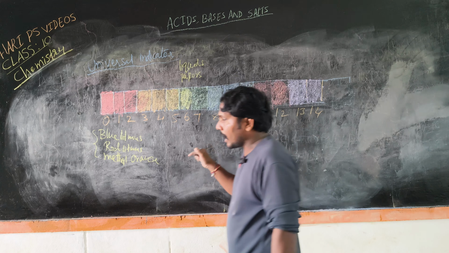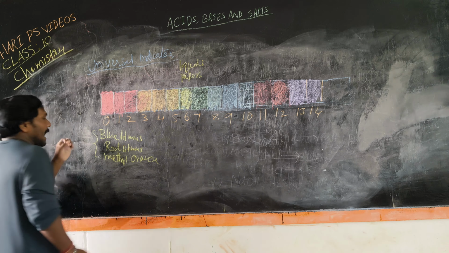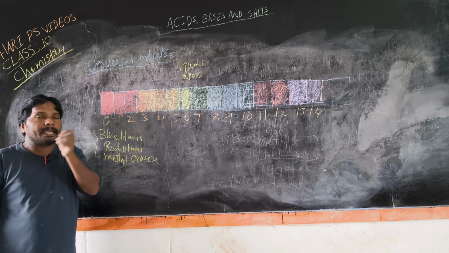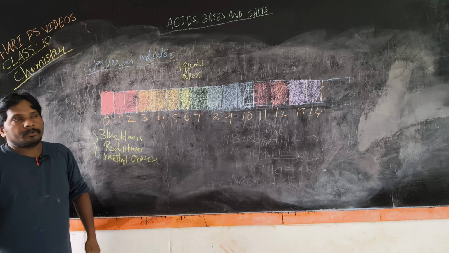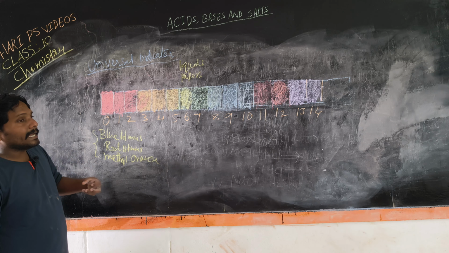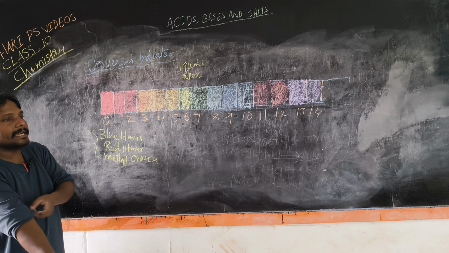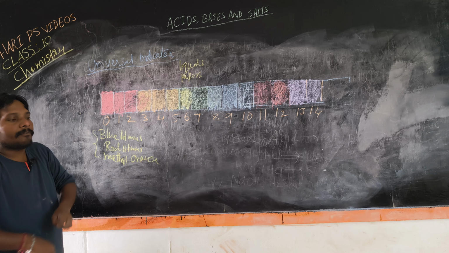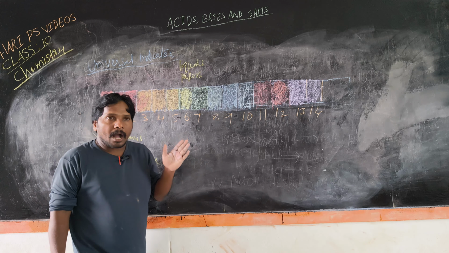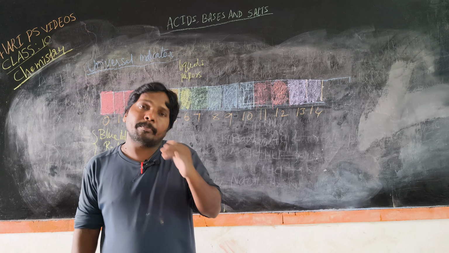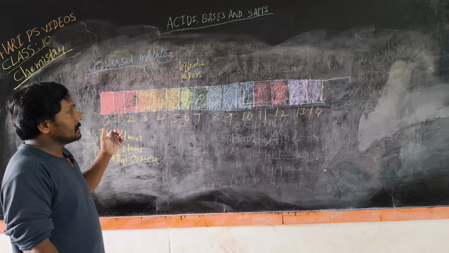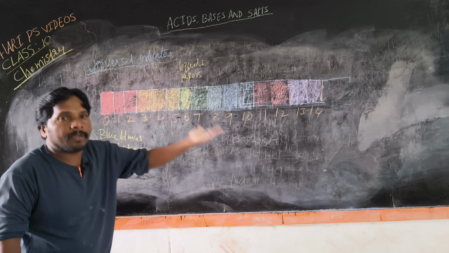When we drop a little amount of the given acidic solution on the universal indicator, depending upon the color formed on the universal indicator paper, we can identify whether the given substance is of acidic nature or basic nature, and also whether it is strong or weak.